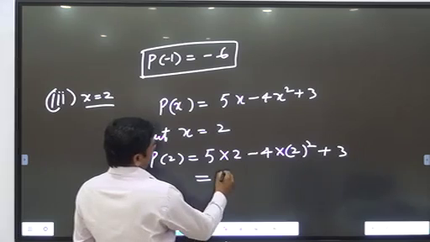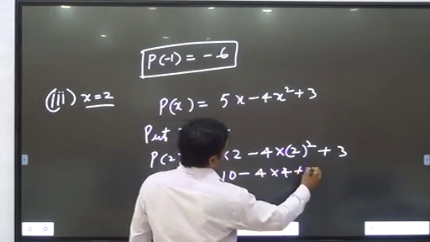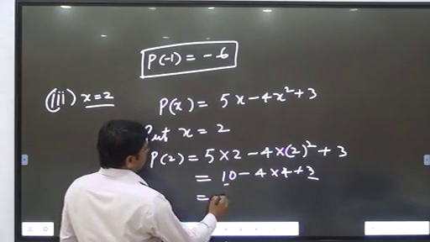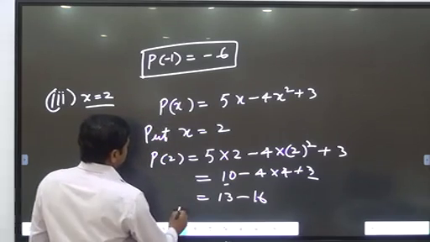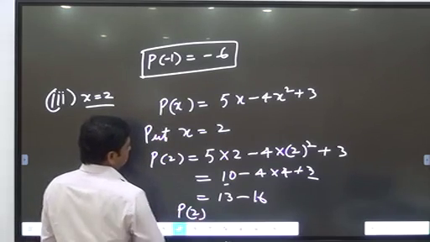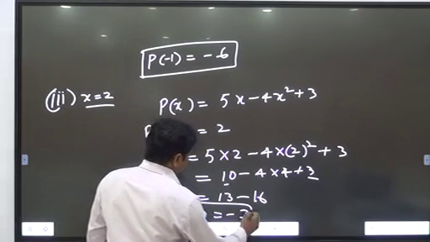So here 10 minus 4 into 4 plus 3, 10 plus 3 is 13, and minus 16, and finally the value of the polynomial at 2 is minus 3.